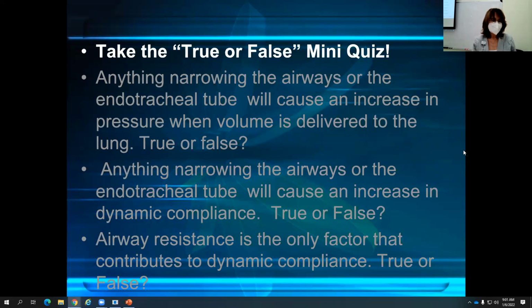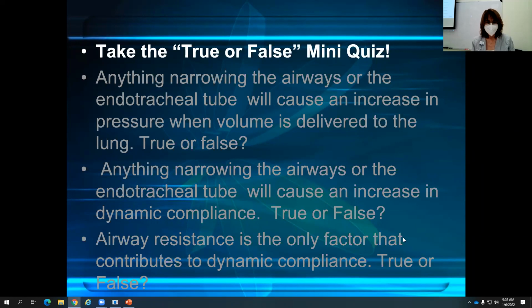Okay, and now the last one, airway resistance is the only factor that contributes to dynamic compliance. Is it just airway resistance or is there something else? So is that true that airway resistance is the only factor for dynamic compliance? It's false.